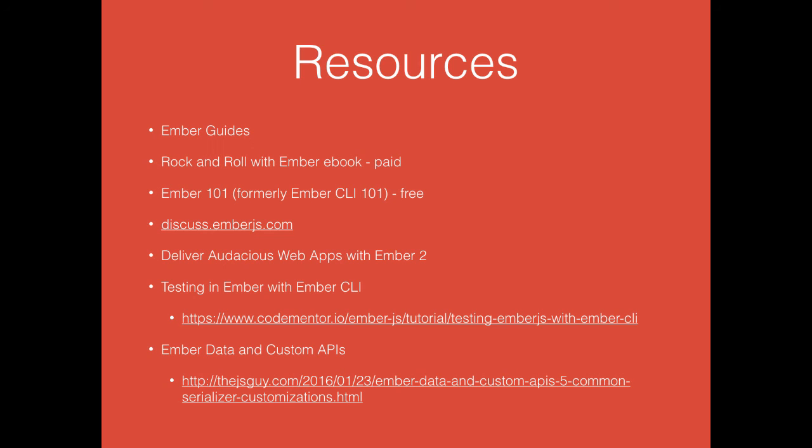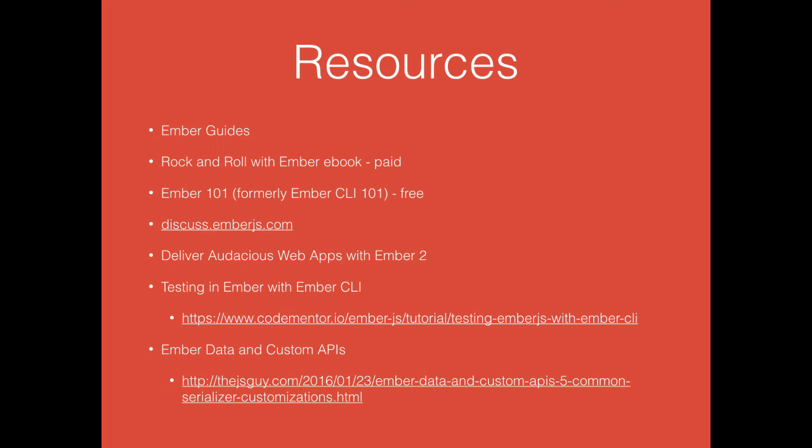One of the biggest pain points for working with Ember is Ember data, especially for newcomers, because you see all the examples using Ember data, and then you might have some crazy API, maybe you wrote it or somebody else wrote it, and you want to work with Ember data with this API, but you can't get it to work. That's the most frustrating thing, and I think part of the reason why some people give up on Ember and think it's too hard is because they're trying to use Ember, Ember data and Ember CLI with a custom API.